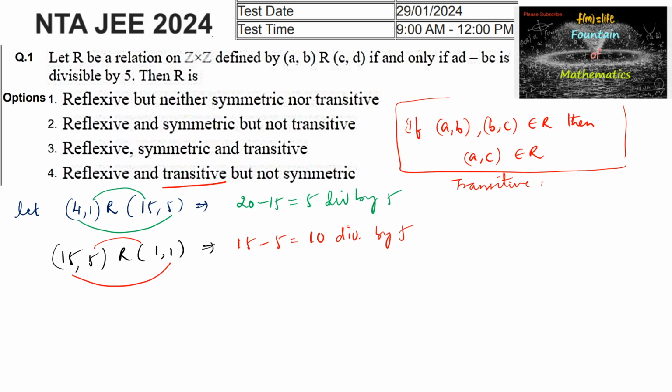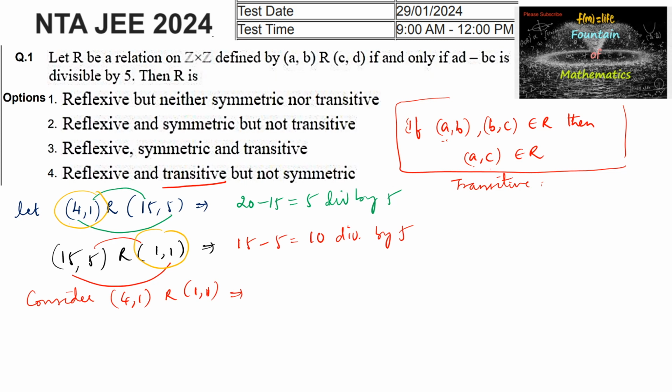So we can say that (4,1) is related to (15,5) and (15,5) is related to (1,1). Now we need to check (a) and (c), so let us consider (4,1) related to (1,1).